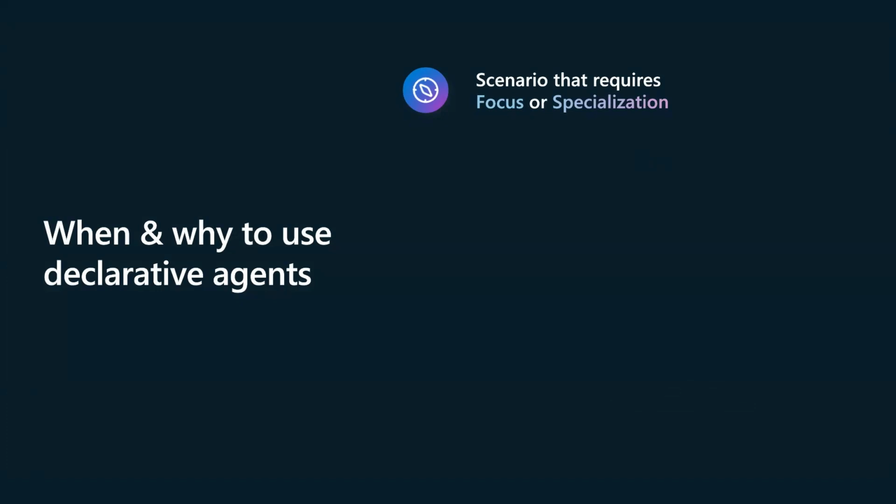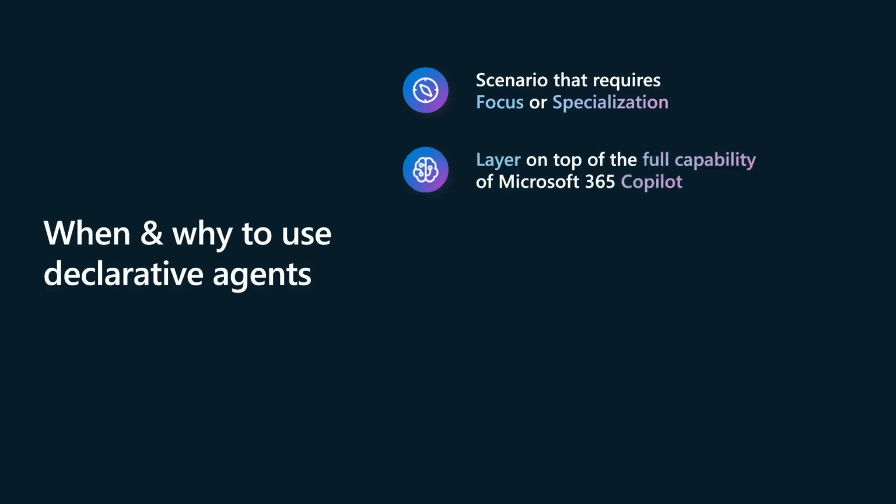That's a simple use case, but we might have more complex use cases, and you will see the real business value of an agent layered on top of the full capability of Microsoft 365 Copilot. This is very important because you don't have to think about which model to choose or what the orchestration layer is. Everything is defined for you. All you need is the business problem and, of course, an M365 Copilot license.